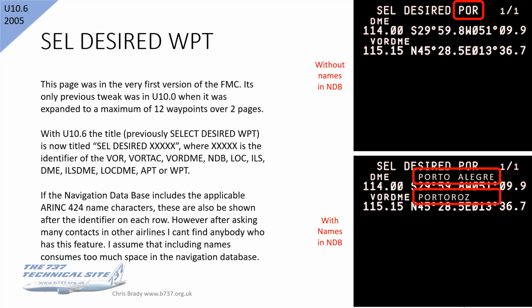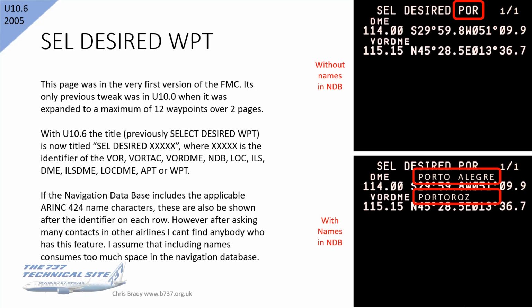For those of you who didn't fly the 737 before 2005, this page used to be called Select Desired WPT, but now it helpfully gives the ident name. So in this example, it's Papa Oscar Romeo.